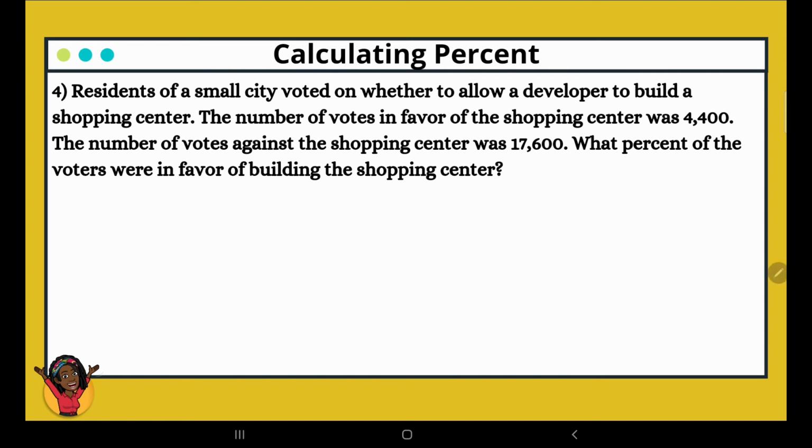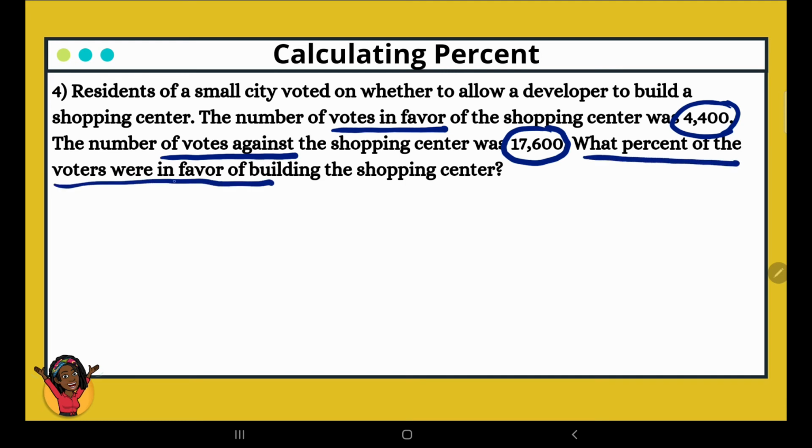Now, in this example, we're given two numbers, 4,400 and 17,600. But both of these numbers represent a part. The 4,400 represent those who were in favor, and then the 17,600 represented those who were against. Now, the question is asking us what percent of the voters were in favor.